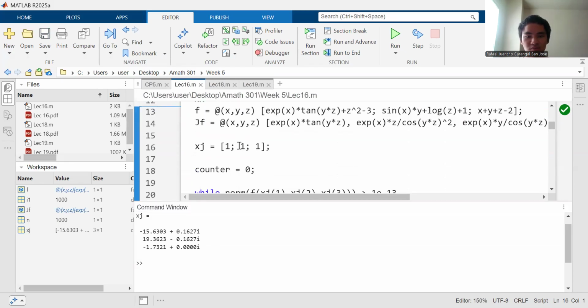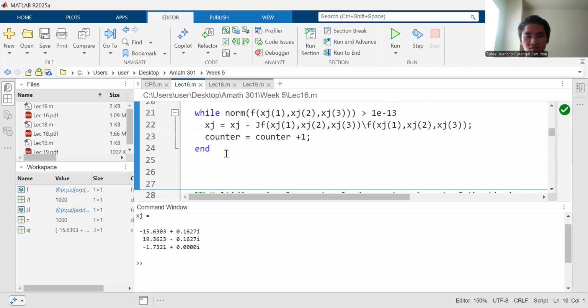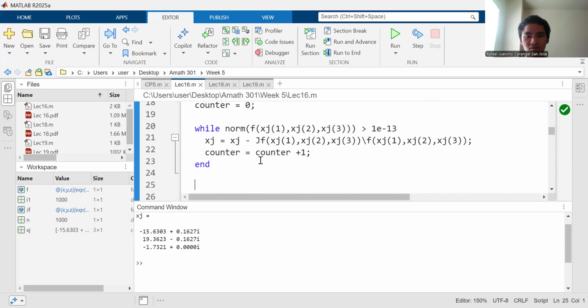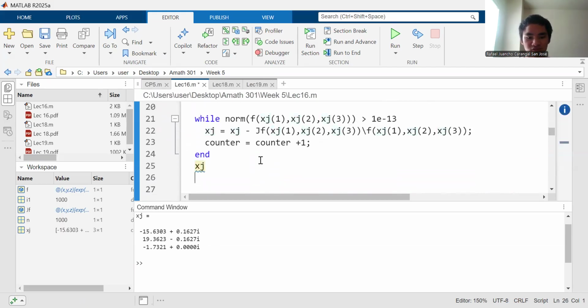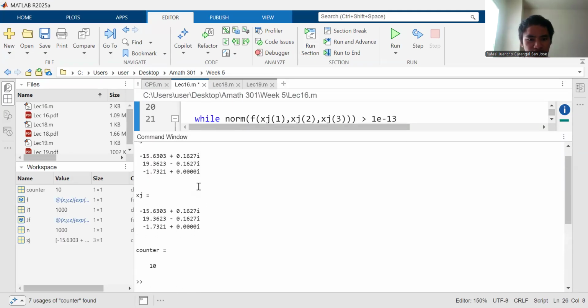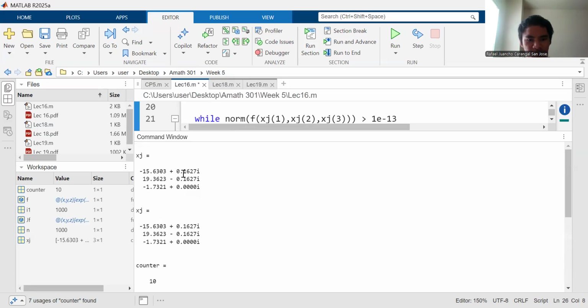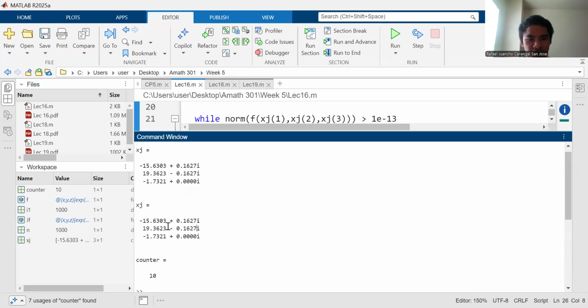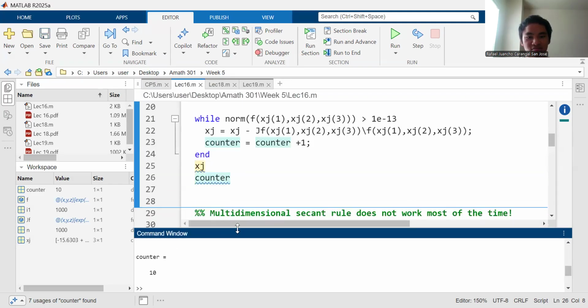So now I'm gonna run this part. And I'm gonna display my xj as well as my counter. I'm gonna run this part. So here, I don't know if you guys can see, this was the previous thing. Here it's pretty much the same thing, but then the number of iterations it went through is 10.